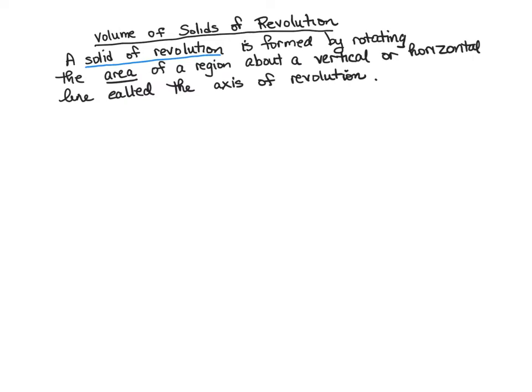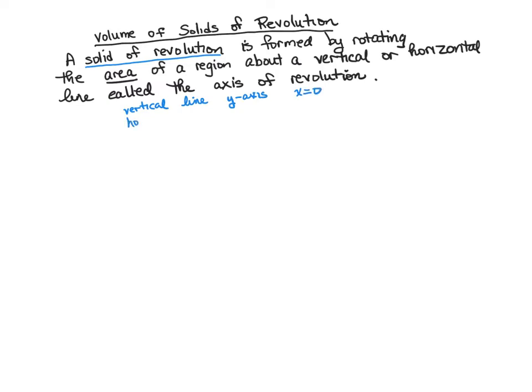Now, the most popular vertical or horizontal lines are the x and y axes. So for a vertical axis of revolution, we use the y-axis, and its equation is x equals 0.